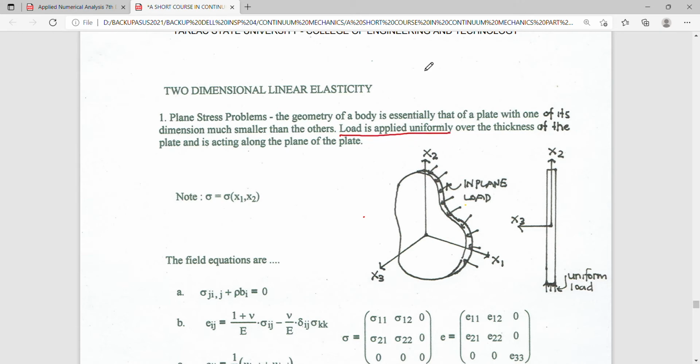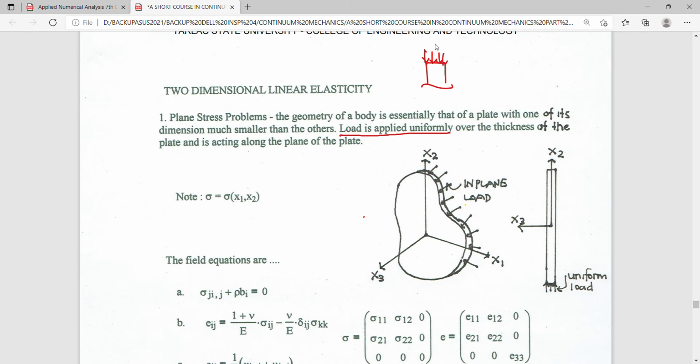So if you have a thickness, let's say T here, so the load must actually be uniformly placed, no, on the thickness, and that's not very hard to achieve because of the comparison of the thickness with the other dimensions.